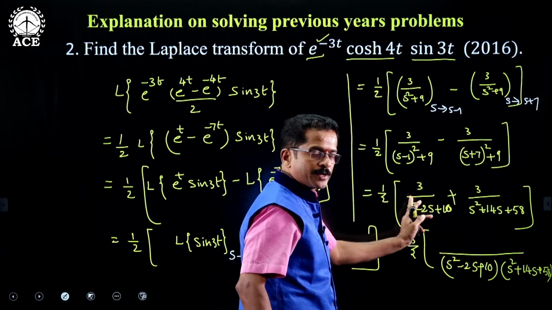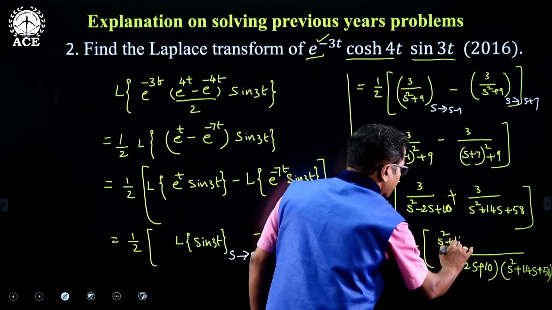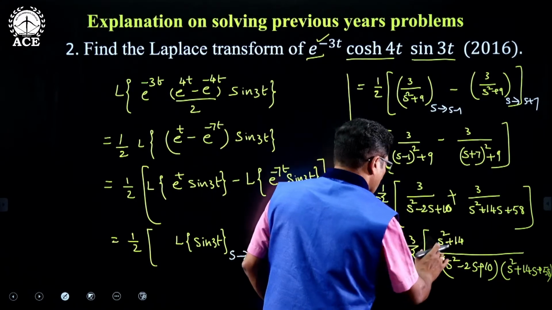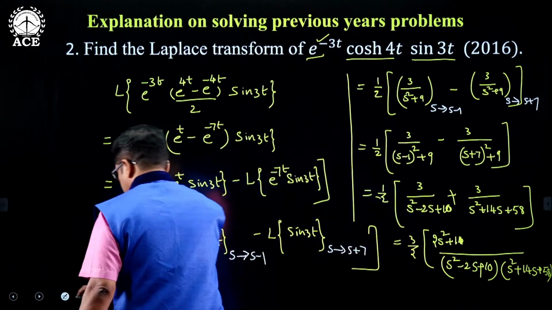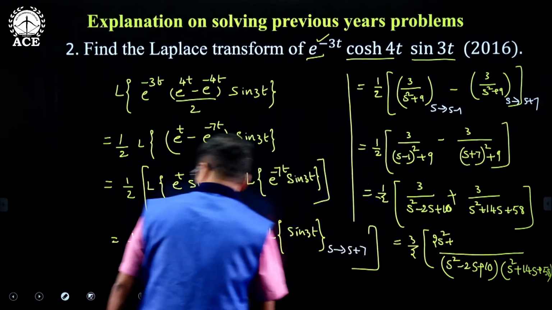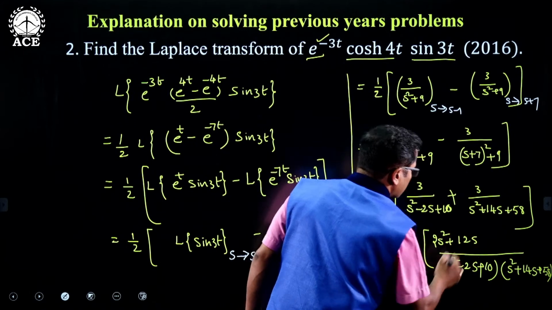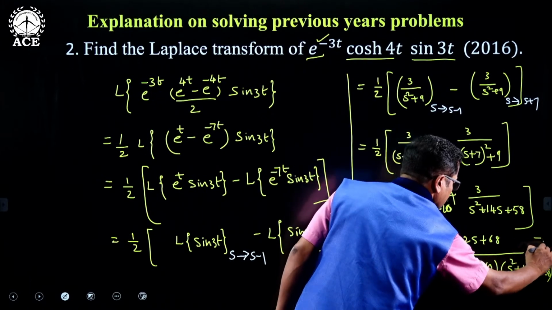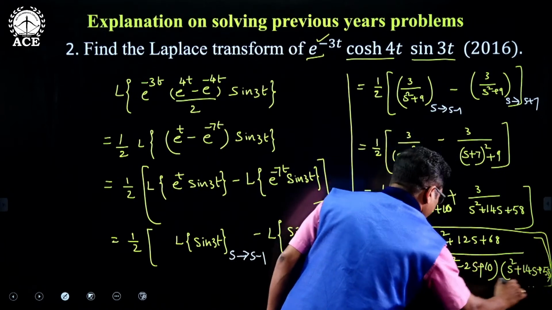So these numerators are going to be alternative of its denominators. s square plus 14s plus 58 minus s square minus 2s plus 10, s square minus s square cancels, 2s plus 14s is going to be 16s, so 16s plus 48. So this is the answer for this question.